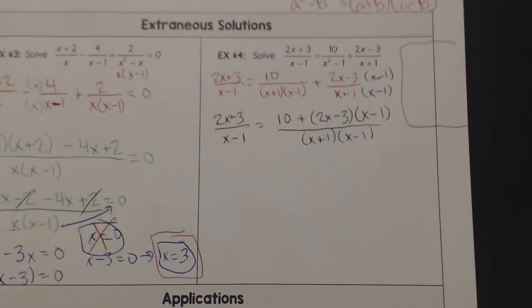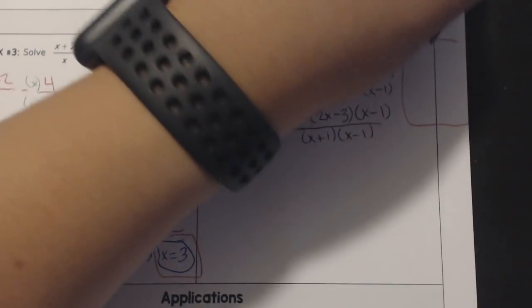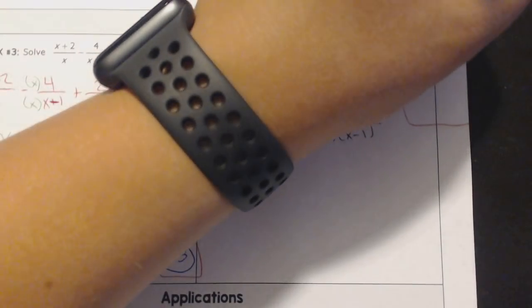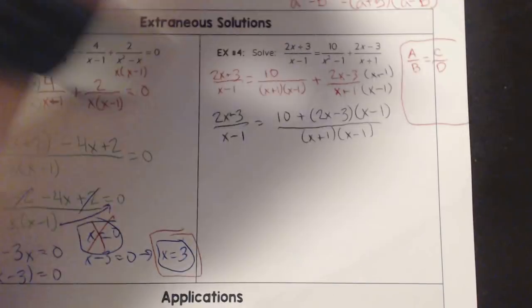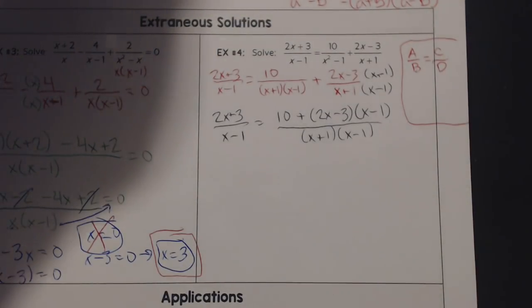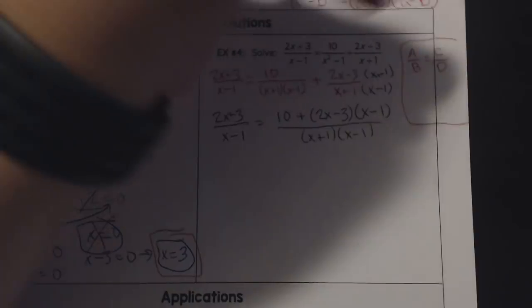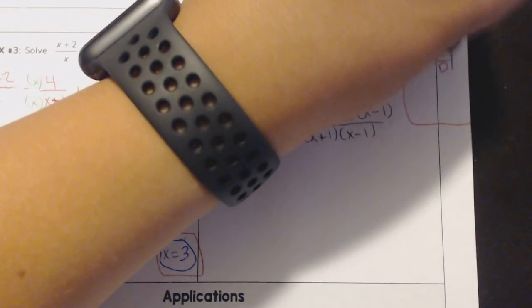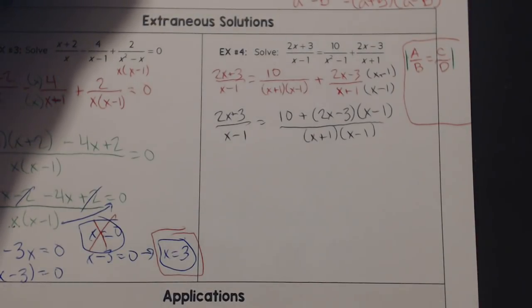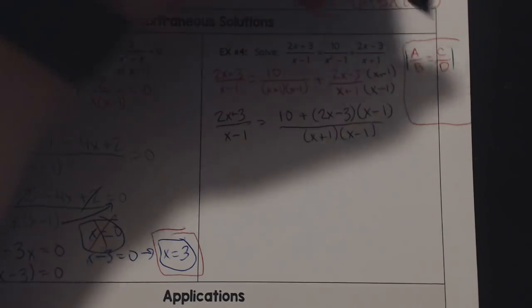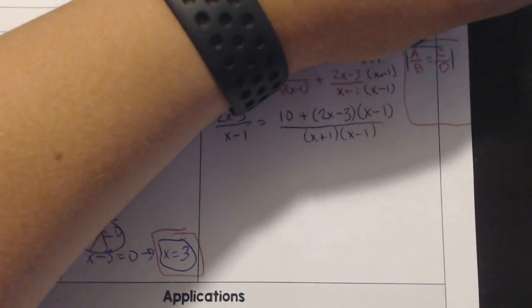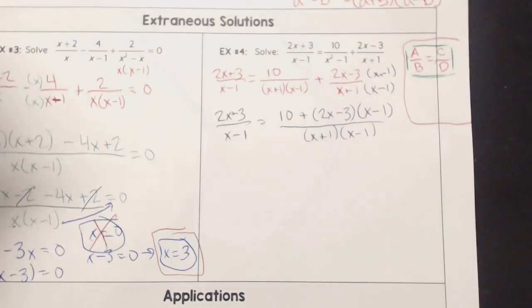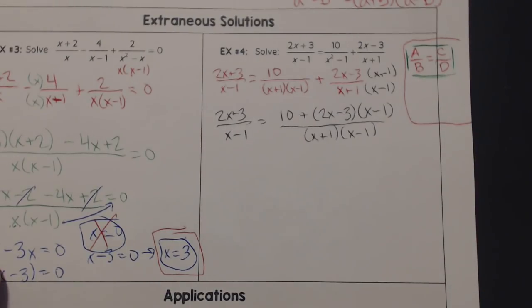I have A over B is equal to C over D. The way I can cancel these kinds of problems is I can cancel vertically. I can do any simplification or reducing vertically. But because of a proportion, I can also cancel horizontally. So if there's something in common horizontally, I can cancel there as well.